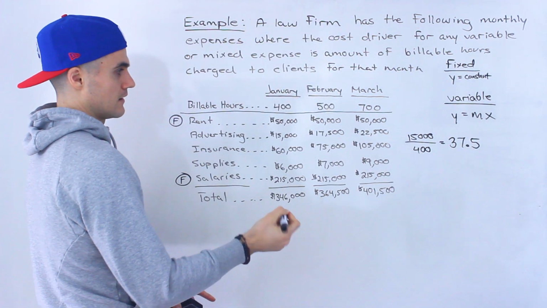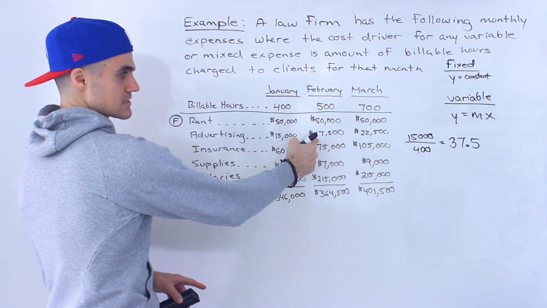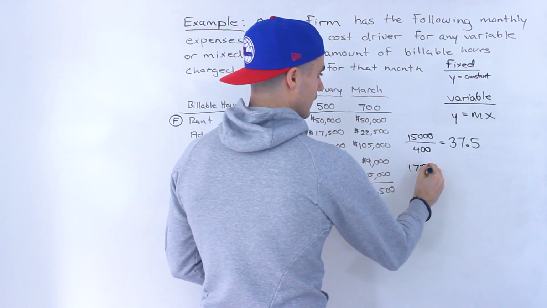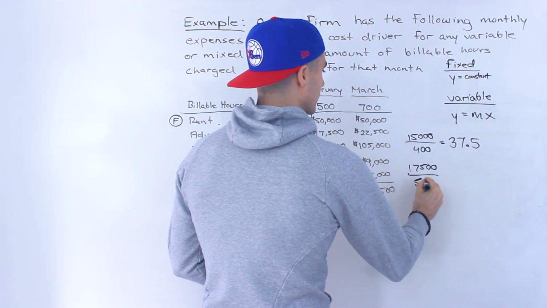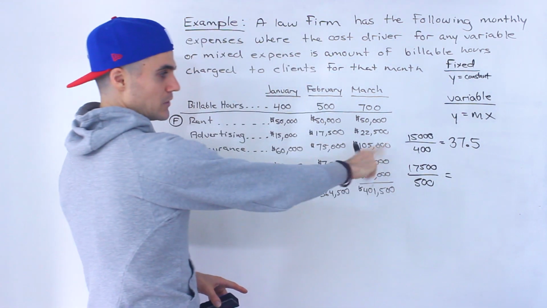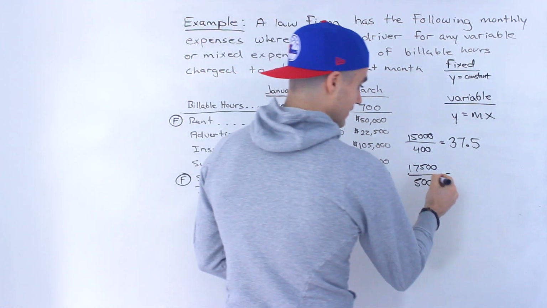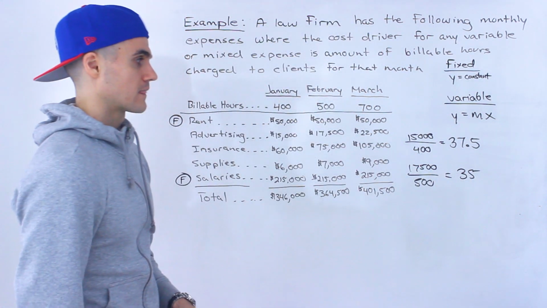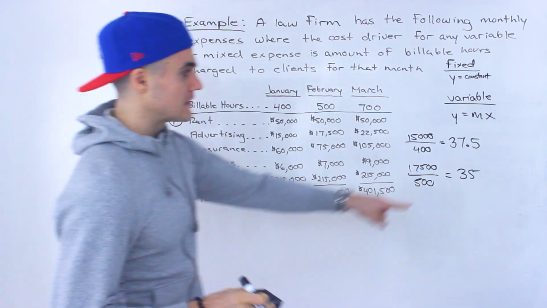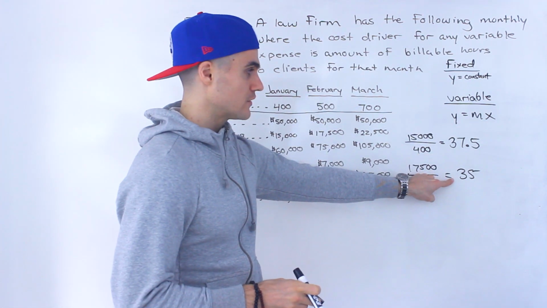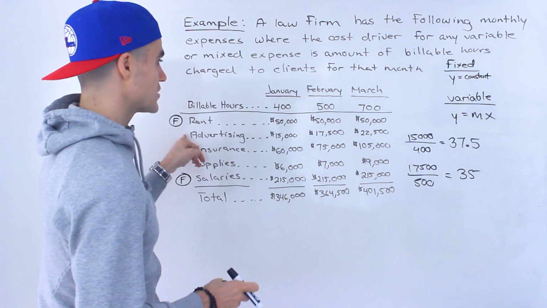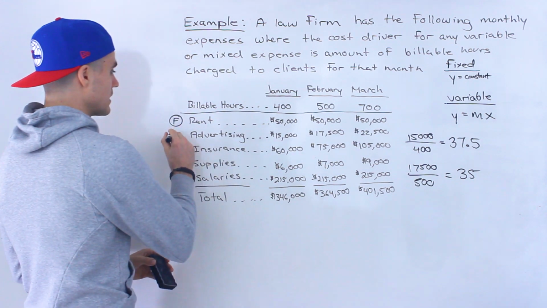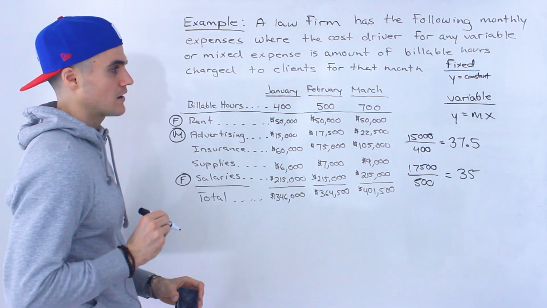Now take the next month's data, 17,500, divided by 500, and that gives you 35. Because these 2 numbers are different, you know that advertising can't be a variable cost. It has to be a mixed cost.